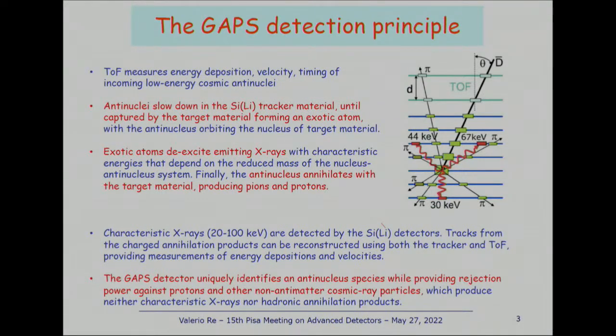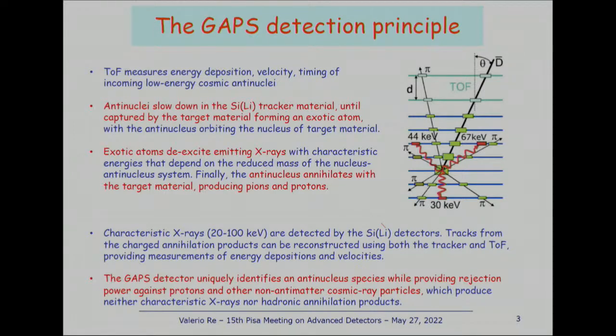They replace an electron in the orbital shell of the silicon atoms, with the antinucleus orbiting the nucleus of the target material. Then these exotic atoms are unstable, of course, and so they de-excite, emitting X-rays with characteristic energies. And then the antinucleus annihilates with the target material, producing a kind of star of pions and protons.